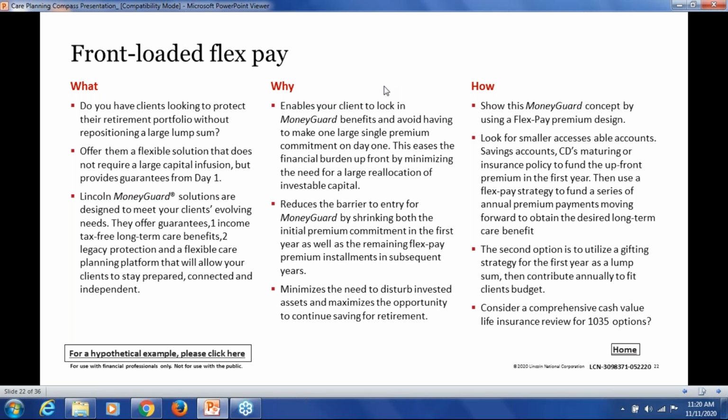Well, you can actually structure one of these products to begin with a lump sum dump in from any of these sources. You'll pay ongoing continuing premiums after that. Now, what that's going to do is lower that ongoing premium as opposed to a plan where they didn't have that lump sum going in. Flexible and affordable because they didn't have a really large lump sum.